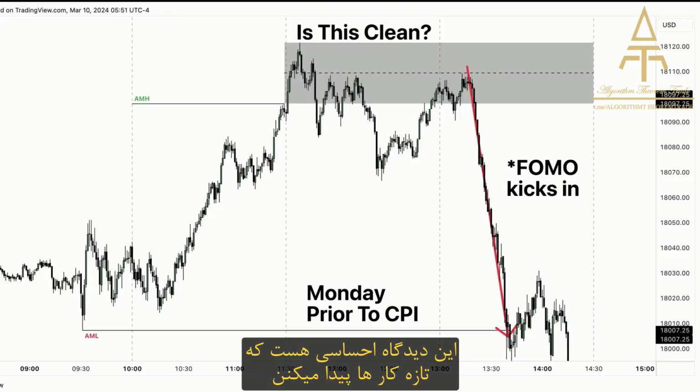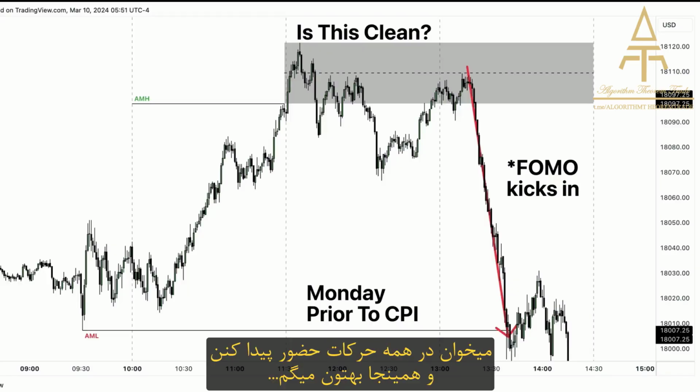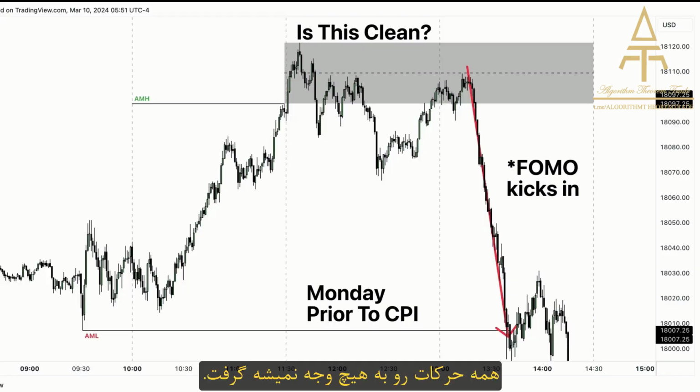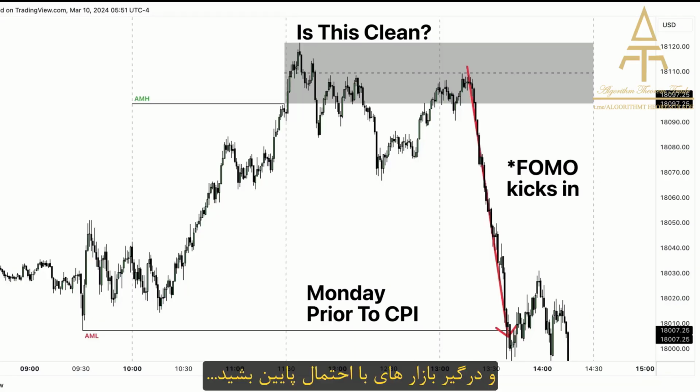They are driven by emotions. They are driven by, for example, fear of missing out. So they want to be in every single move. And I'm telling you right here, you will never capture every single move. And neither should you even want to. Because why would you want to create so much mental baggage for yourself that you engage in low probability environments?